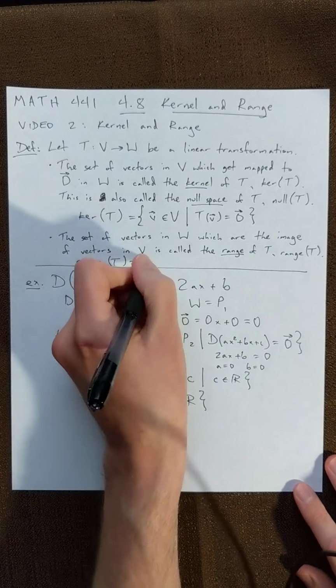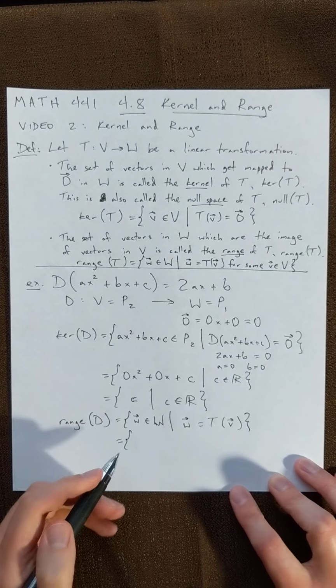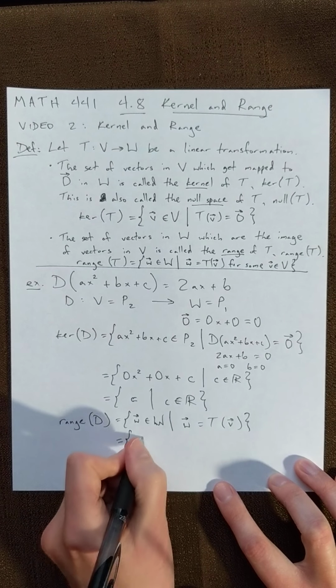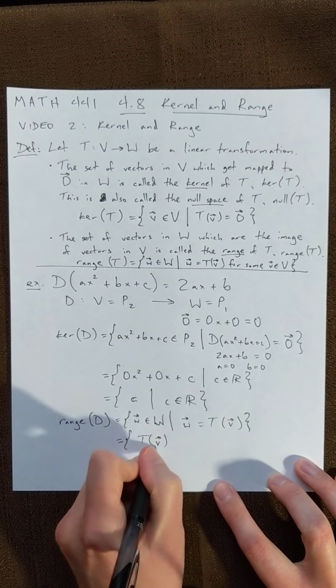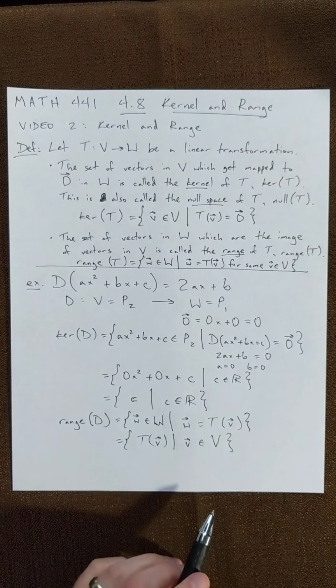So it's the set of all vectors w such that w is equal to T of v. An easier way to write that would be the set of all T of v's where v is coming from capital V. So it's the set of all outputs given any input.